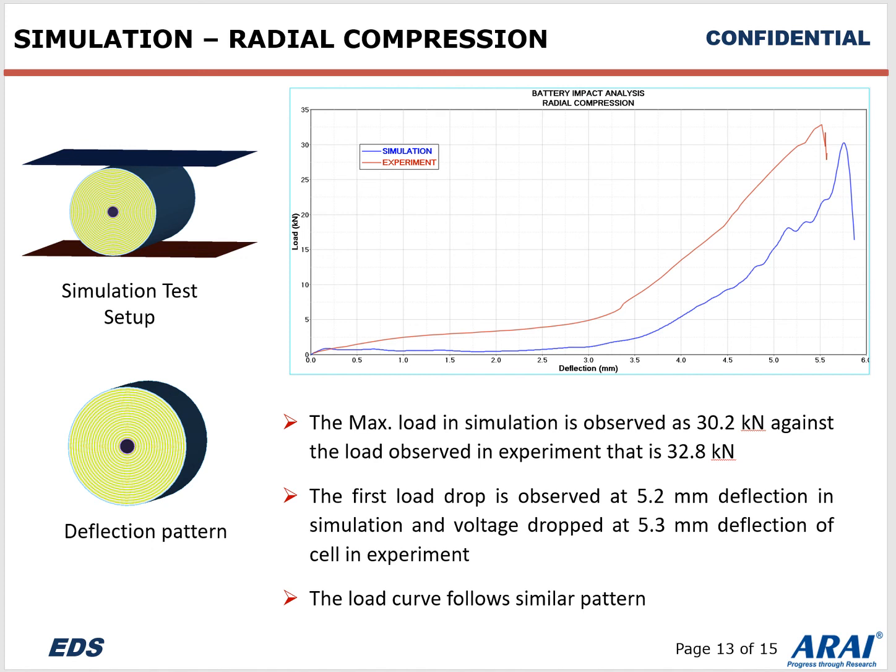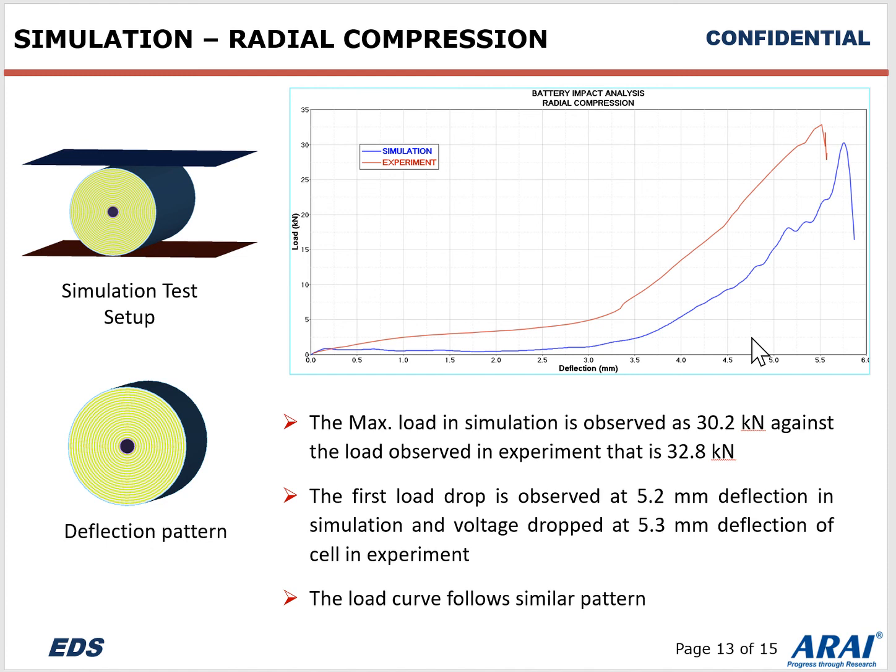So it's very close to the physical one. In terms of correlation, we can say that it achieves more than 90%, both in the deformation, that is deflection, as well as the maximum load. And we can say that it's a very robust model.